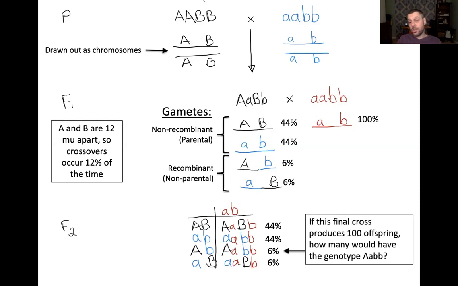To go back to the question you were asked, if this final cross produces 100 offspring, how many would have the genotype big A, two little b's? That would be 6%, as shown right here.